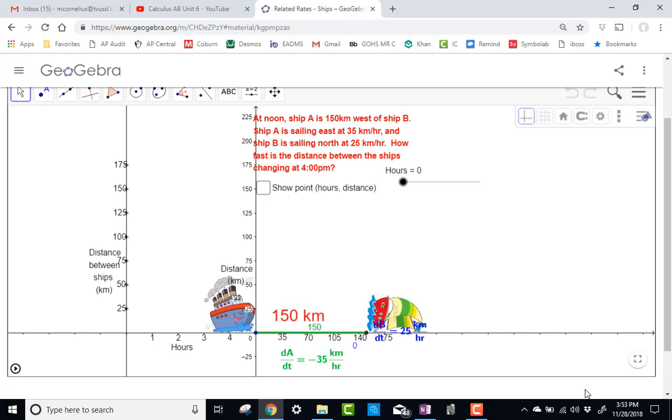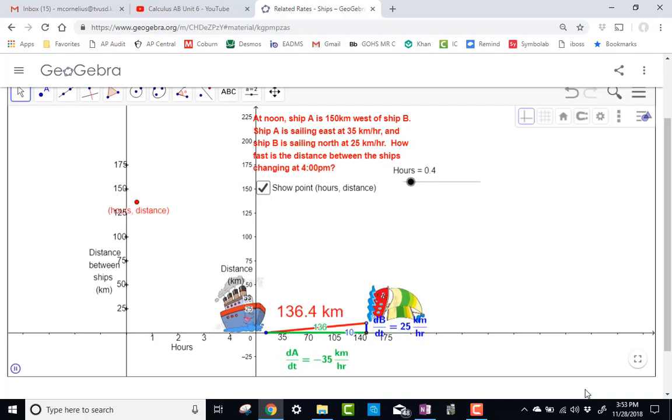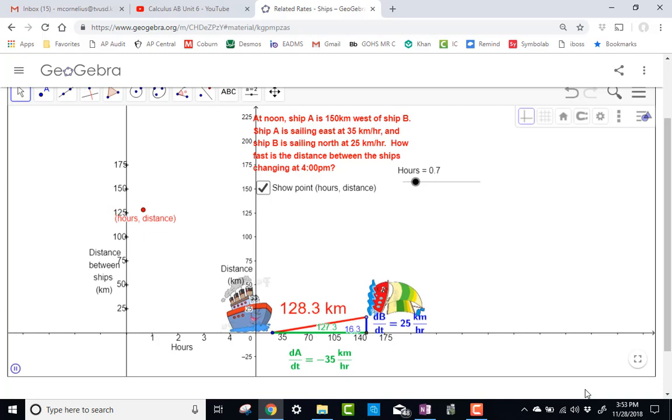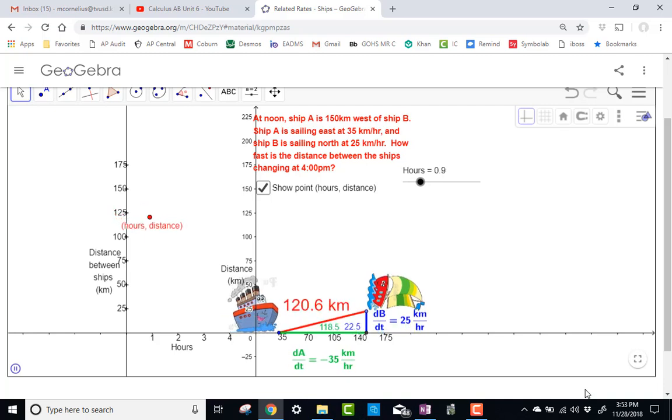Okay, so when I do this one, I want you to watch the ships, and then as it starts over again, I'm gonna let you watch the graph as well. So watch the ships first and see what's going on here. Okay, so they start sailing. The blue ship is getting closer to the point where ship B was.